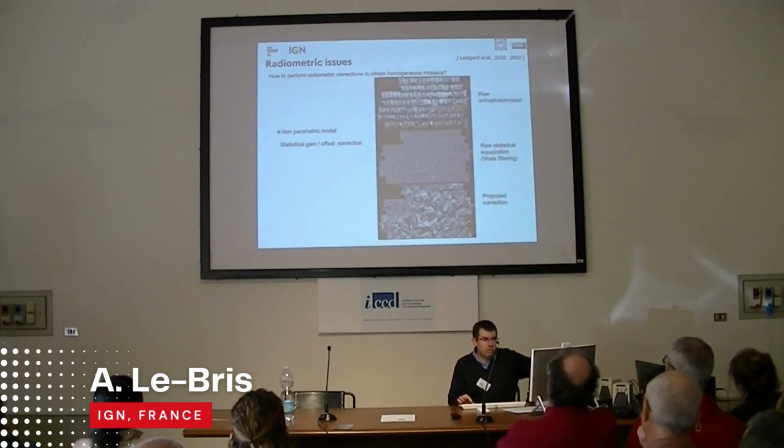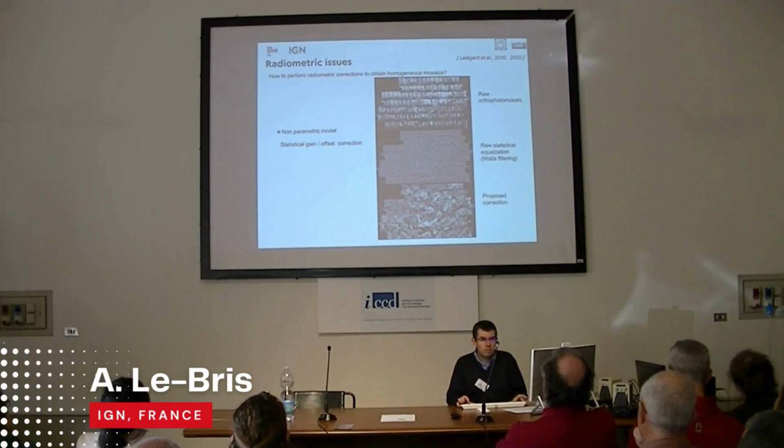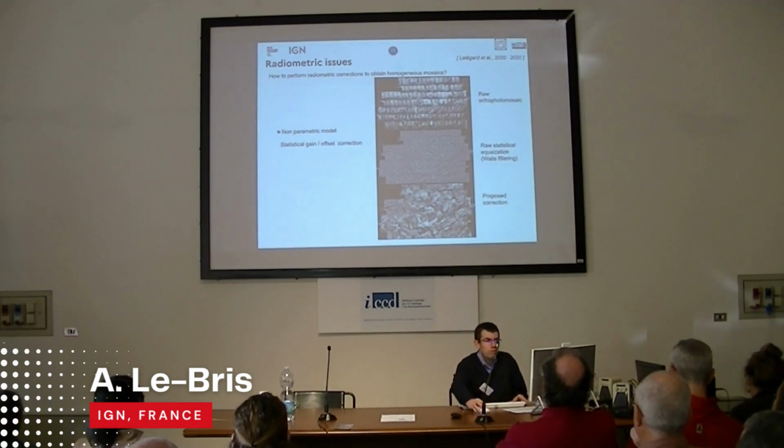So to illustrate this, on the top we have the raw orthophoto mosaic, very heterogeneous. In the middle we have the raw statistical equalization using Wallis filtering. And on the bottom we have the proposed correction, that is to say the grid correction to go from the first to the second image is kept.